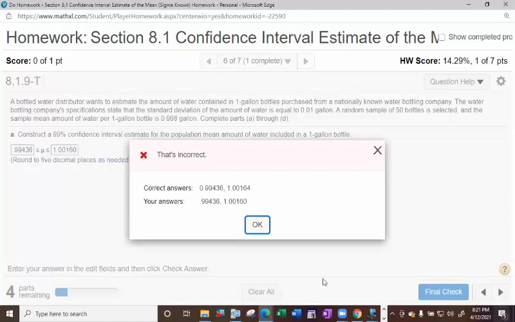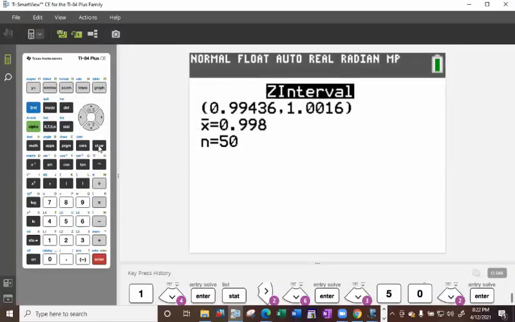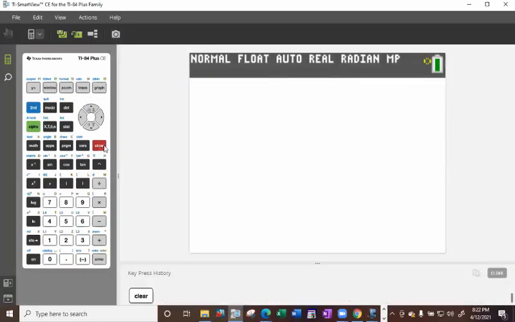So let me do it as... I hate to get rid of that problem because there's not that many calculation problems in there, but I guess I could ditch it.